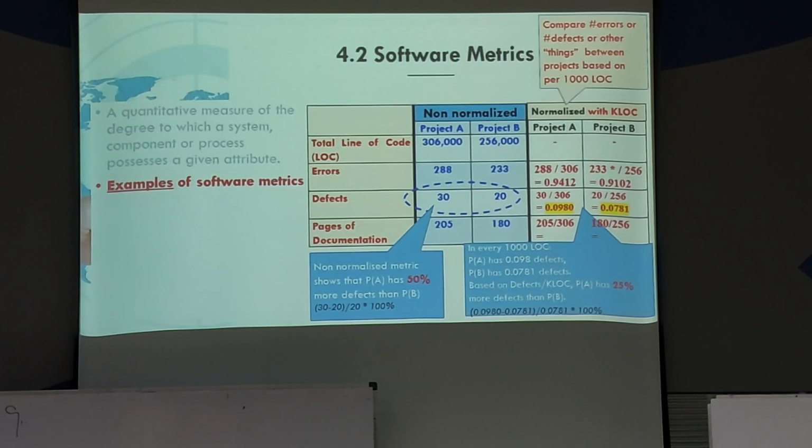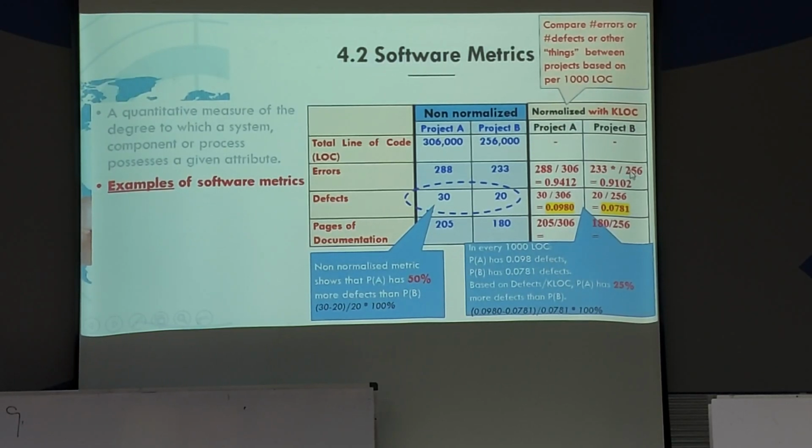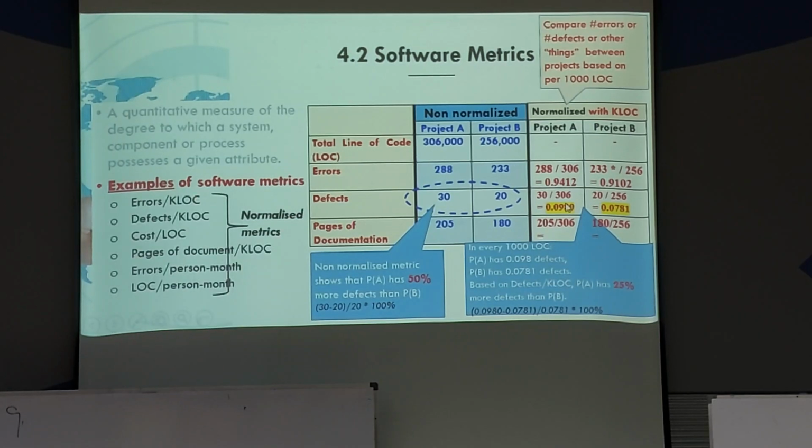You can also count pages of documentation per 1,000 lines of code. You divide this by this, and you will get a figure. These are examples of normalized metrics.